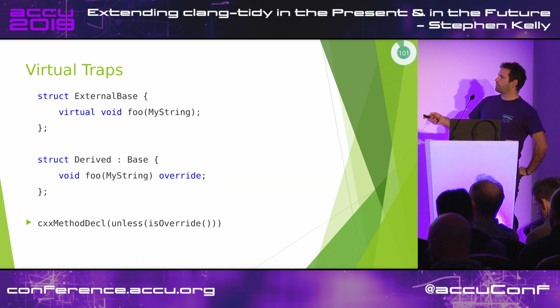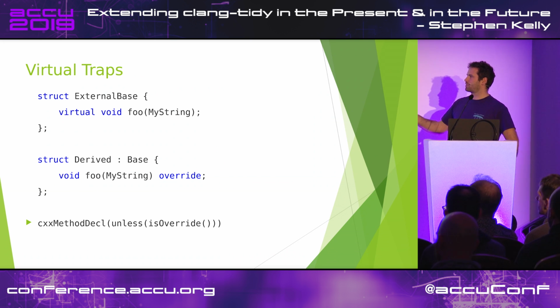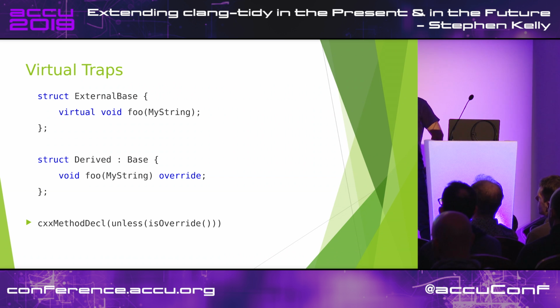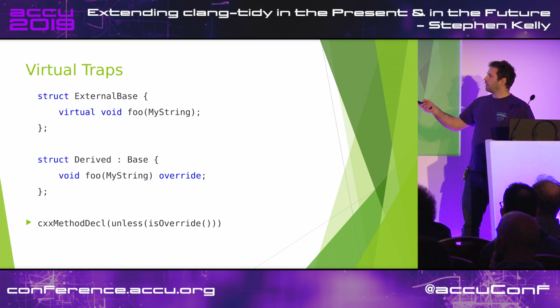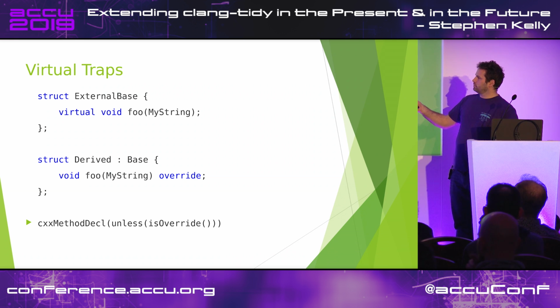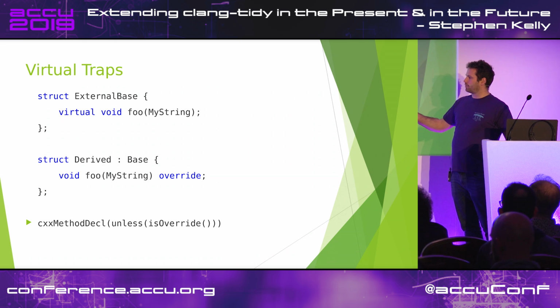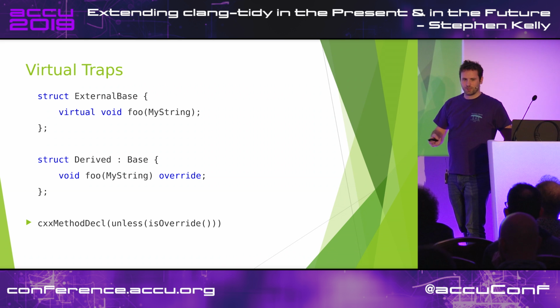Another trap that you might hit is if there's an external class, like let's say I'm using your string anyway because I'm using your library and you have some interfaces where it appears. Anywhere that I'm implementing your interface, I need to make sure that I don't change the type.